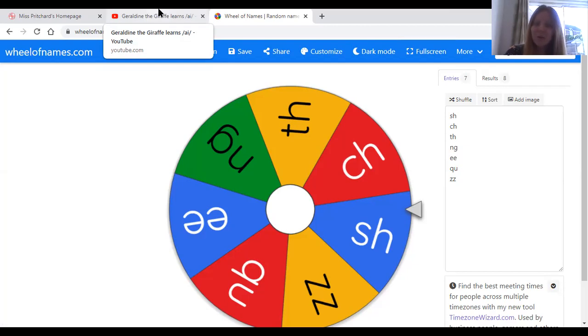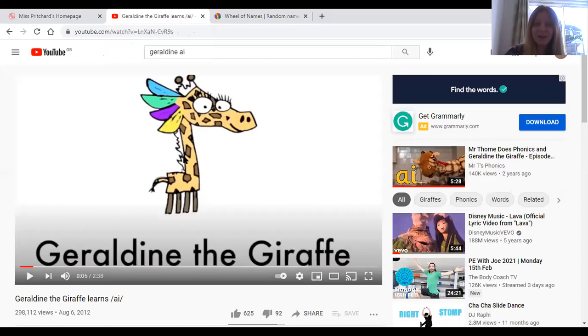The digraph that we are going to be looking at today is the ai digraph. And sometimes we go like this, ai, ai, ai. Can you make that sound? Ai, ai, ai. And you spell the ai sound with an a and an i. Let's have a look together.